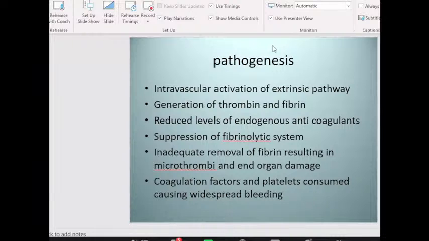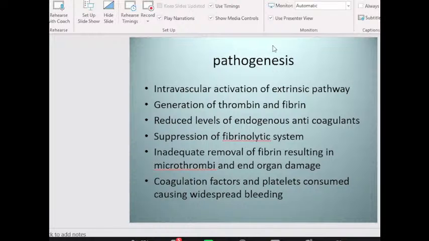So there is a low-grade activation of the coagulation cascade. Principally it's the extrinsic pathway which is activated. And there is thrombin which is generated, which will convert fibrinogen to fibrin. And this is a continuous process, going on continuously over a period of time.